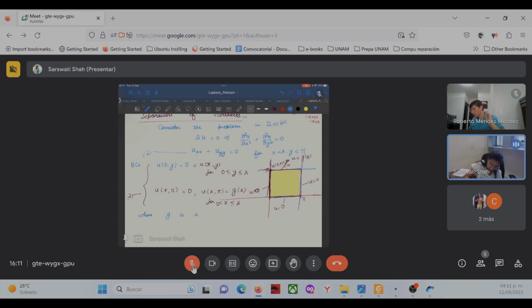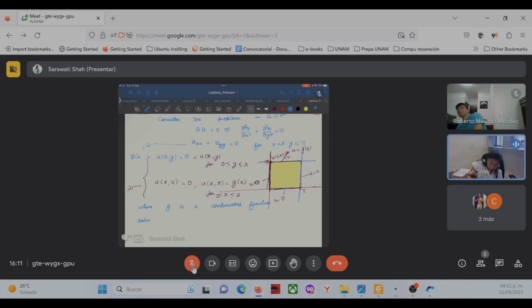small g is a continuous function, and because of the continuity of g, u is defined 0 on x equals 0, it has to satisfy the condition g(0) = 0.